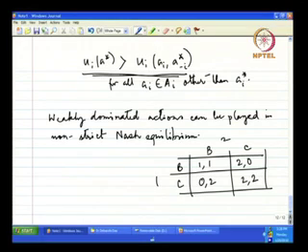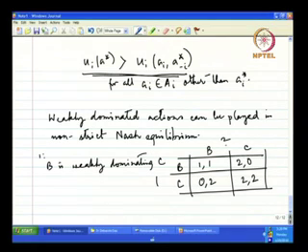So, this is the example, this is a payoff matrix. There are 2 players and 2 actions for each player. Now, which is the weakly dominating action here? I can see clearly that for player 1, for example, B is weakly dominating C, because if player 2 plays B, it is better to play B. If player 2 plays C, player 1 is indifferent between B and C, so which means B is weakly dominating C. And the same thing will happen for player 2 also.